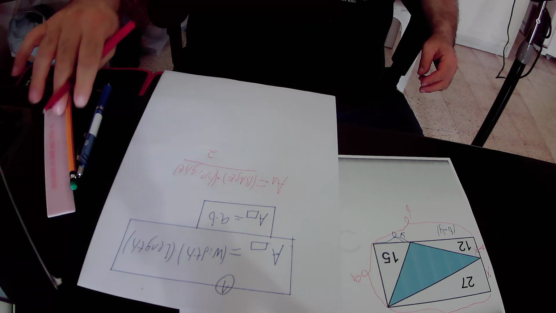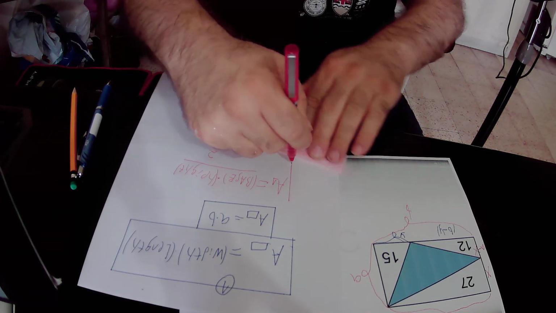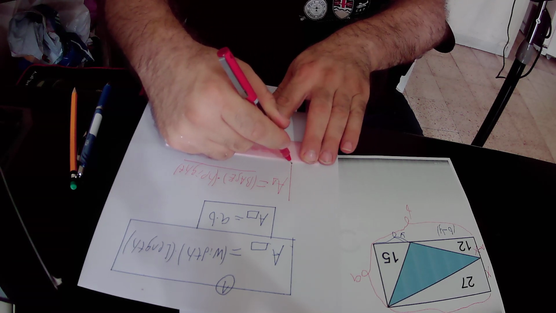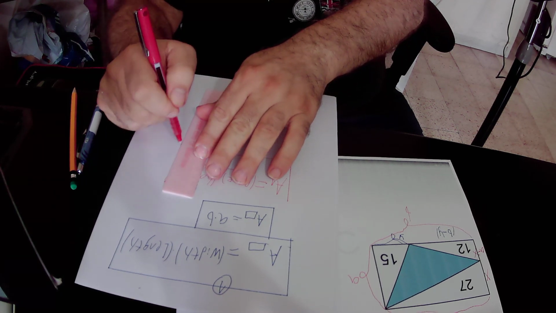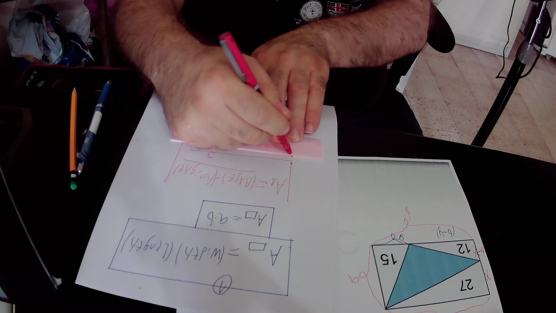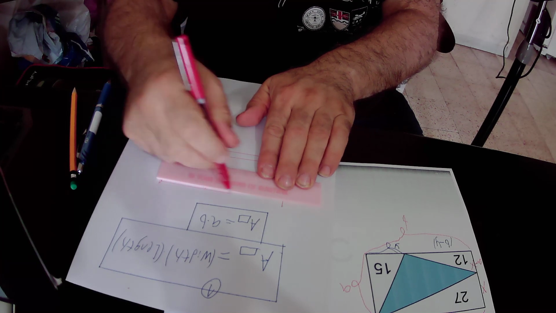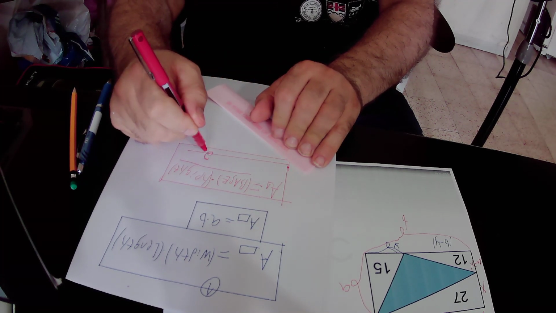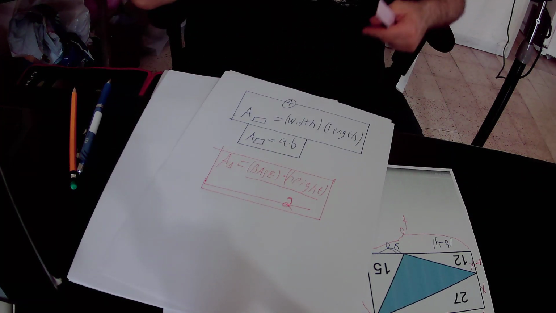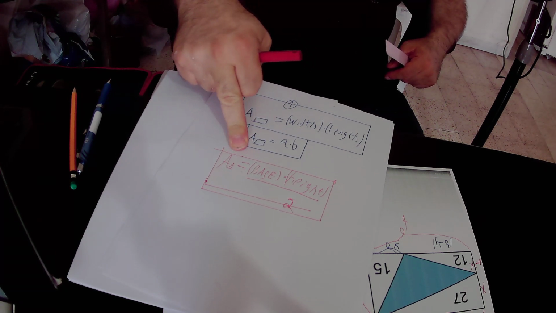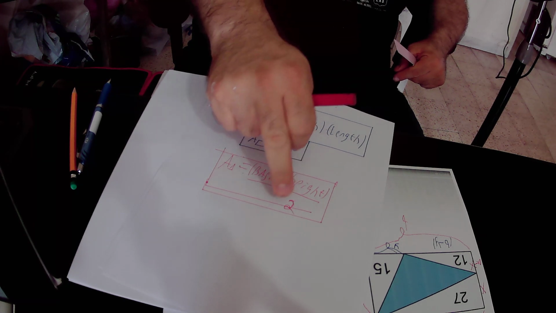This is the formula for the area of a triangle: the base of the triangle times the height to the base divided by 2.